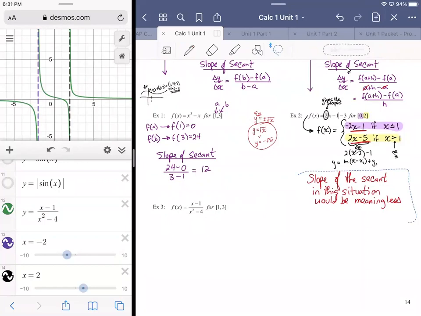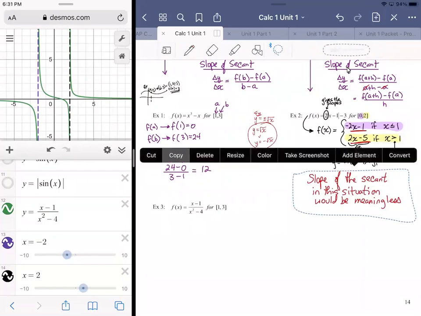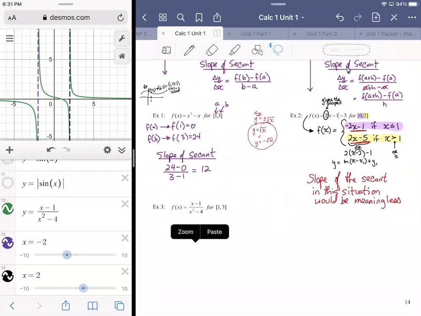The slope of the secant in this situation would be meaningless, right? Because there is no connection between those two pieces. So finding a slope, an average rate of change over those two intervals, it's apples and oranges, all right? So for the same reason, same but different reason.